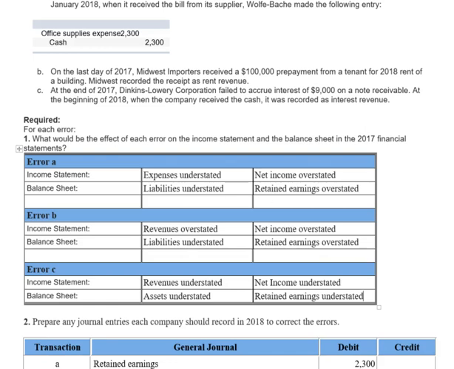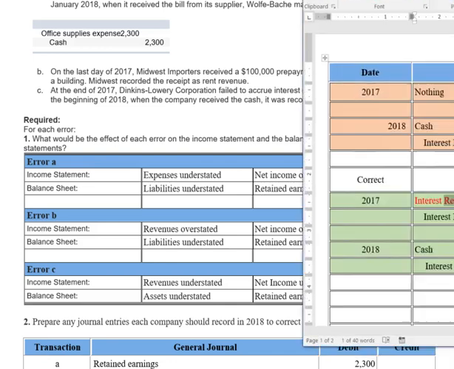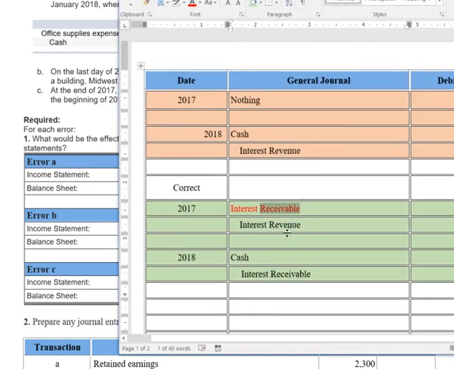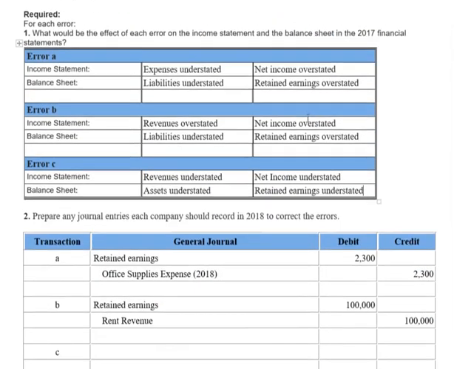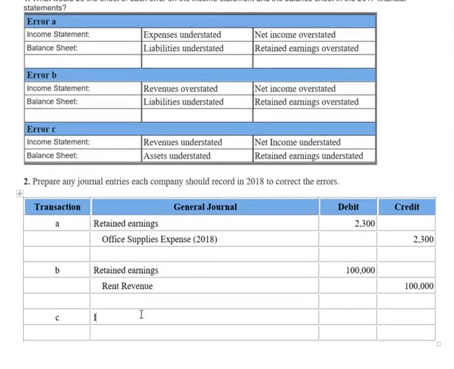So that's sort of the impact on the financials. How are we going to fix it? Well, we've already talked about one piece of it. Notice we recorded interest revenue in 2018 that should not be there. So how do I fix my current interest revenue issue? Well, we credit revenue, so to fix it, I would need to debit. So that's step one. We're going to debit our interest revenue for the $9,000. Now, what else is wrong?